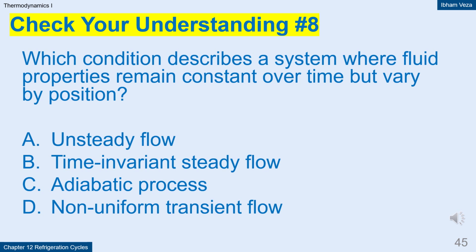C. Adiabatic process. Incorrect because an adiabatic process refers to no heat transfer, not the time invariance or spatial variation of fluid properties. D. Non-uniform transient flow. Incorrect because transient flow implies time dependence, whereas the system described is time invariant.